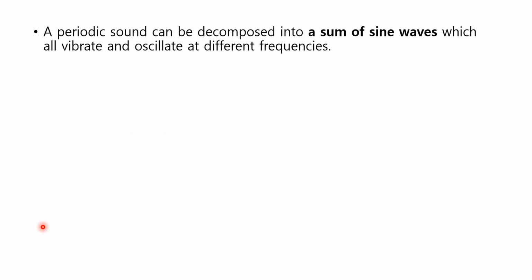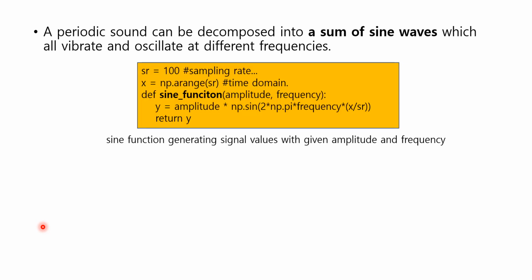So having understood how to model waves, periodic sound can be decomposed into a sum of sine waves, which all vibrate and oscillate at different frequencies. A sine function can be defined with parameters amplitude and frequency.